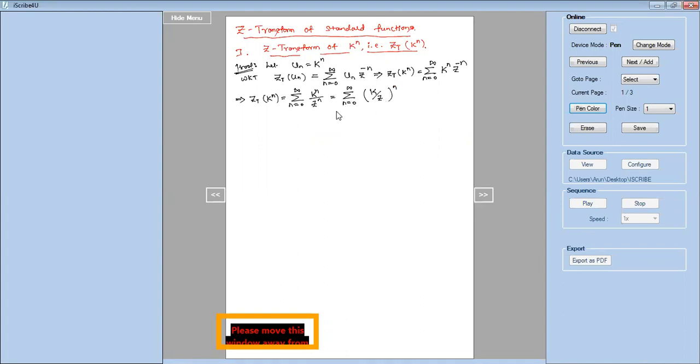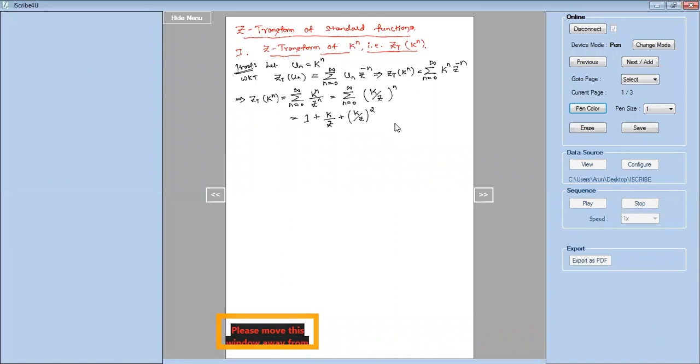Right? So this is a simplified expression. Now it is a summation series where n varies from 0 to infinity. So let us give value for n now, starting from 0. Let us put n is equal to 0. So it is k by z whole power 0, and whole power 0 is 1. So the first term becomes 1. Just expand this. So this is equal to 1 plus, when n is 1, it becomes k by z, plus when n is 2, it is k by z whole square.